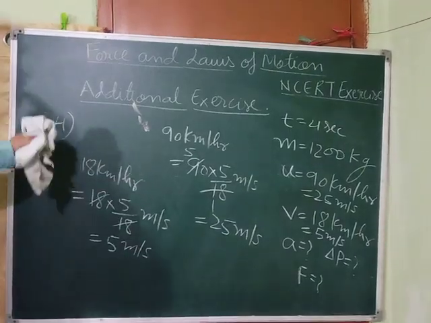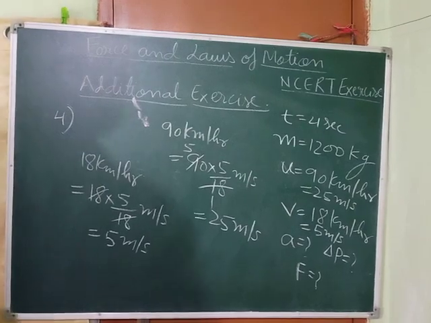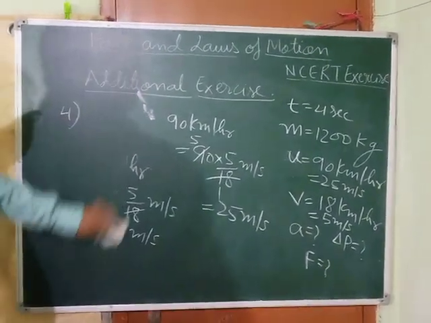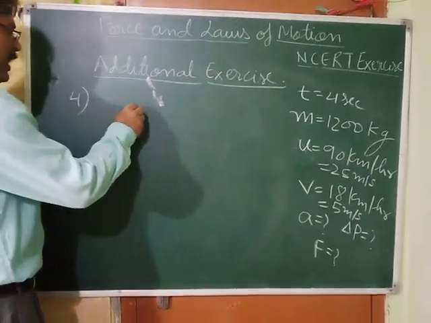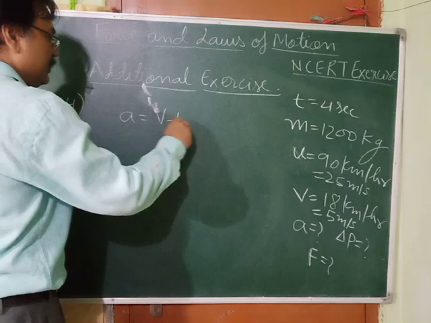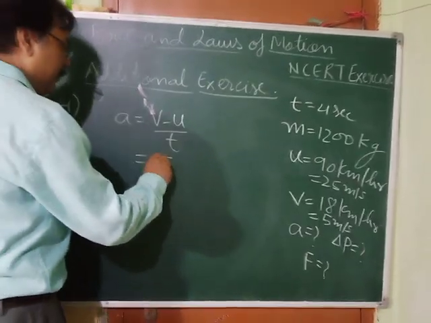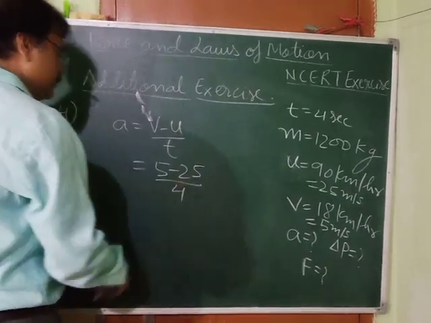Now, can we find out the change in momentum? We can find out the acceleration first. Let's see. Acceleration is v minus u by t. So v is 5, u is 25, time is 4 seconds.